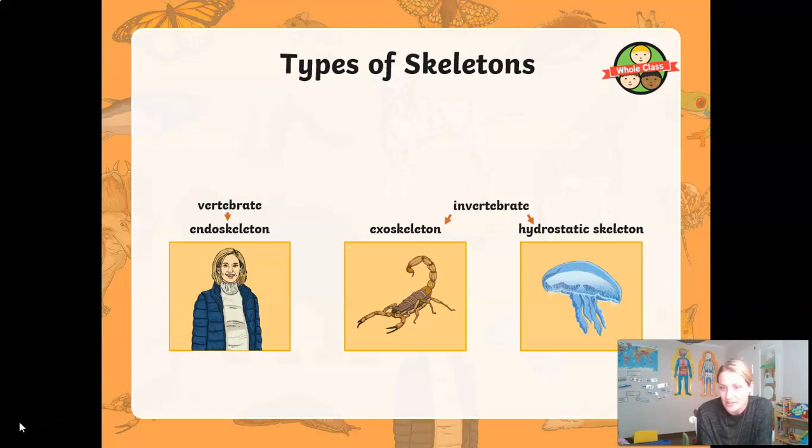Or invertebrates, having 2 different types of skeleton, depending on which invertebrate they are. Exoskeletons for arthropods. Those are skeletons on the outside, like a suit of armour, but however, though strong, they don't grow with the animal, and often the animal, as they get bigger, has to shed their skeleton and grow a new one. Or hydrostatic skeletons for mollusks and flatworms, and these are pretty much just made of liquid fluids and water.